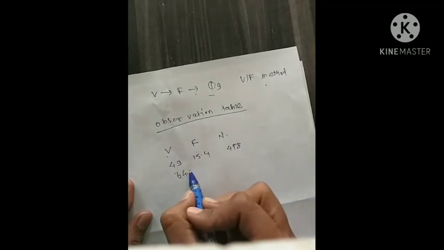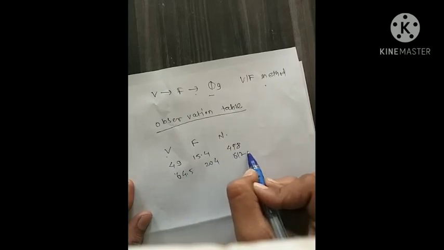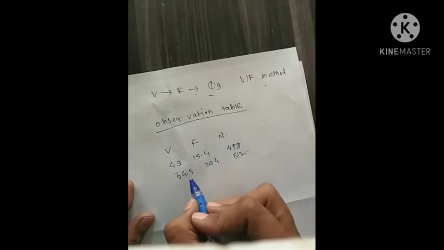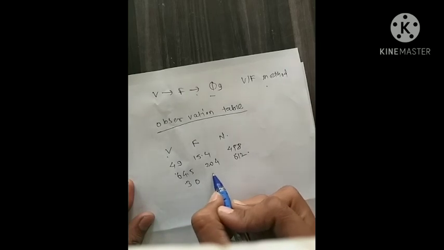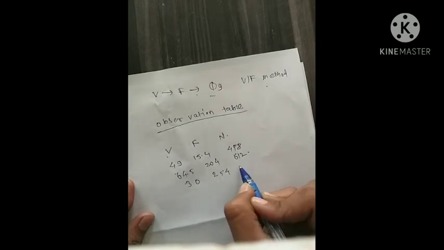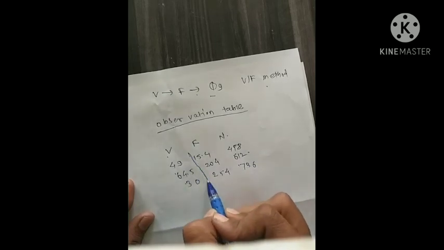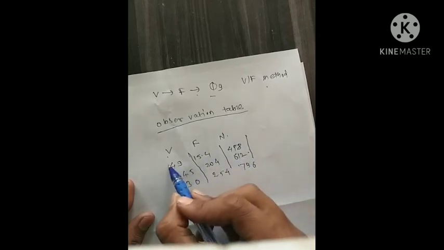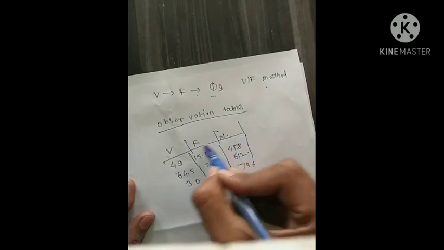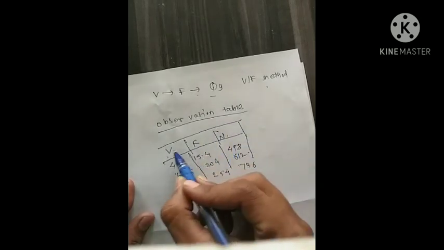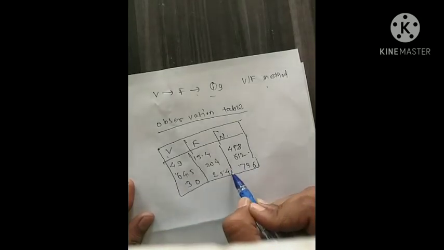Then 64.5 volt, 20.4 hertz, 610 RPM. After that, if the voltage is 73 volt, then the frequency is 25.4 and the speed is 736 RPM. We consider here only three readings. Here V is supply voltage, F is frequency in hertz, and N is the speed in RPM.